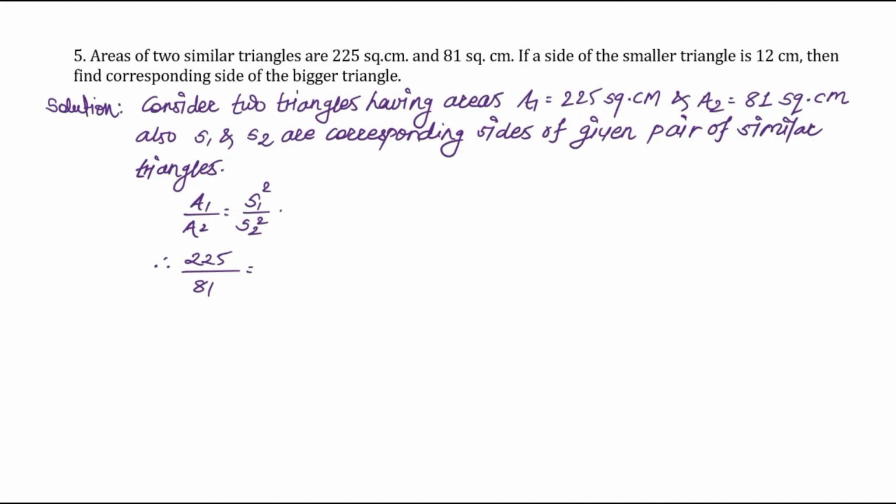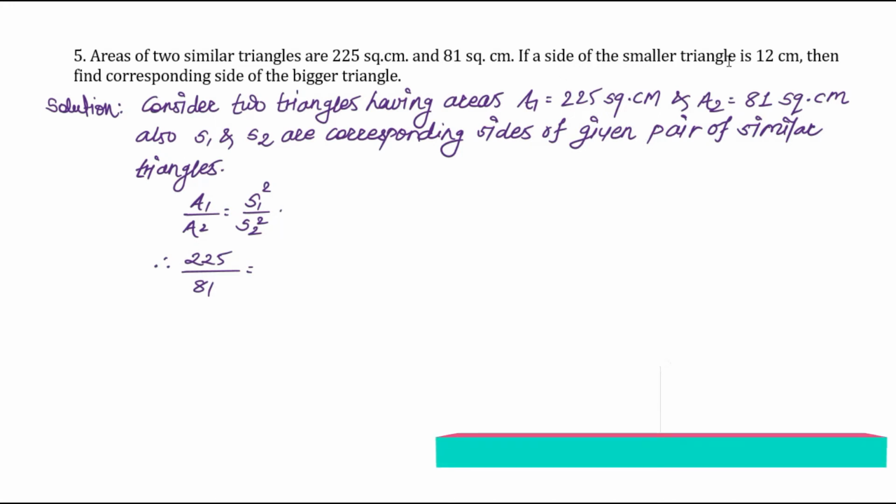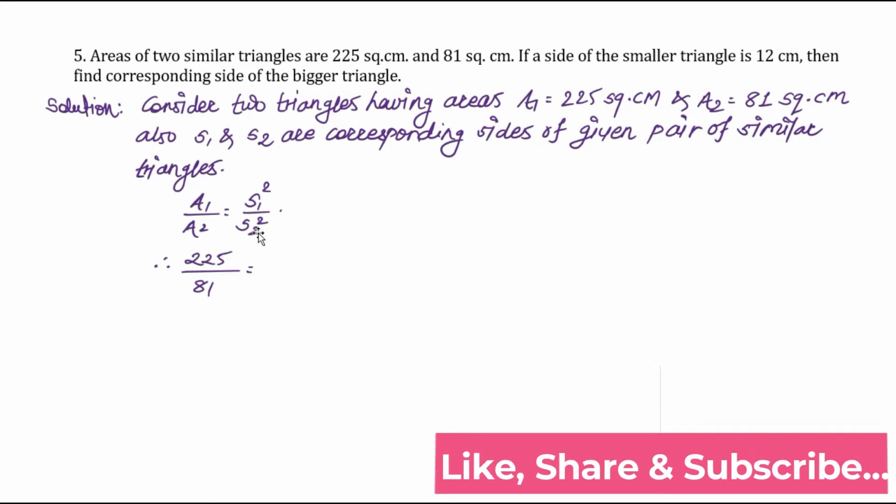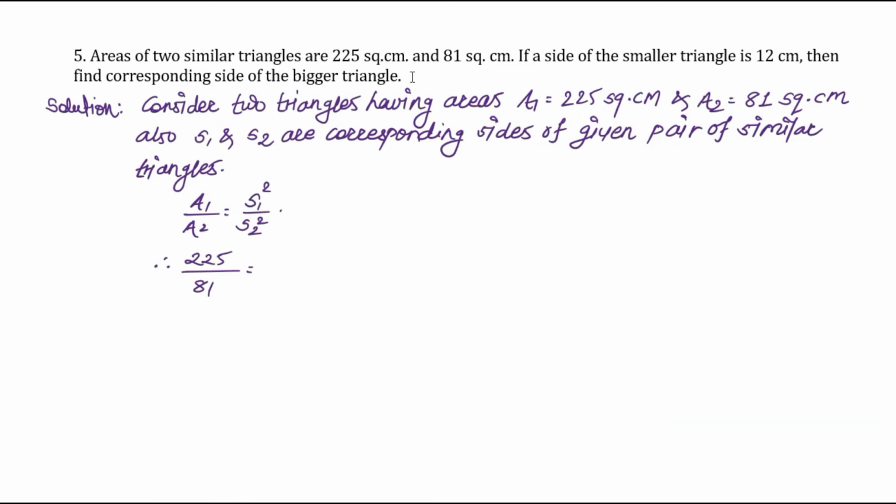Now, which of S1 or S2 is given? See this. A1 has the larger area, means triangle 1 is larger. So the side of the smaller triangle means S2 is given, which is 12 centimeter. S1 is not given, and we have to find that side, the corresponding side of the bigger triangle.